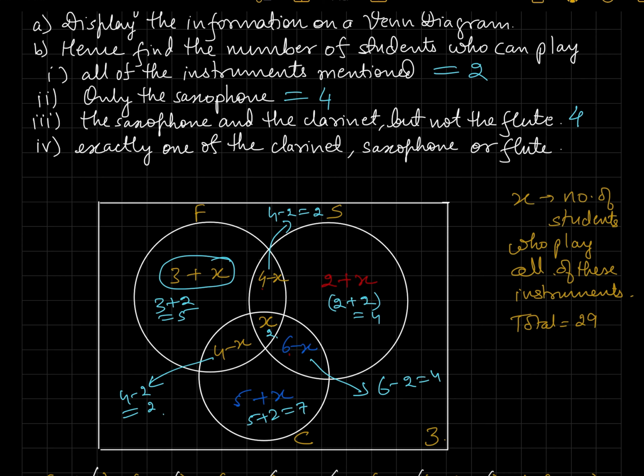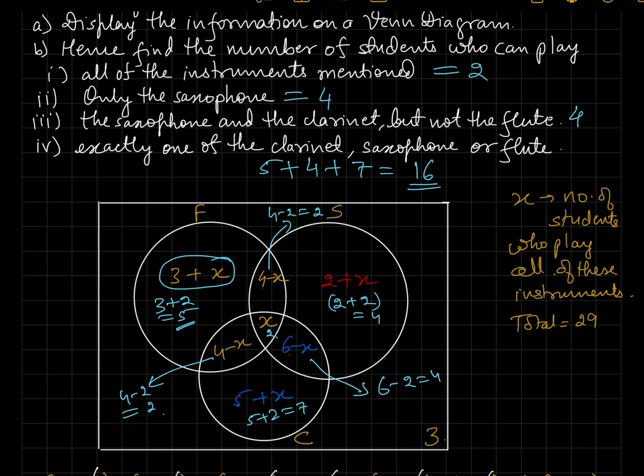Then exactly one of the clarinet, saxophone or flute means flute is 5, saxophone is 4, and clarinet is 7. So 5 plus 4 is 9, 9 plus 7 is 16.